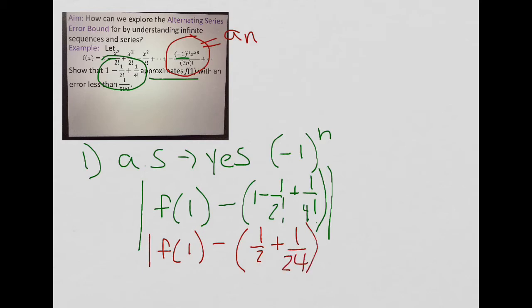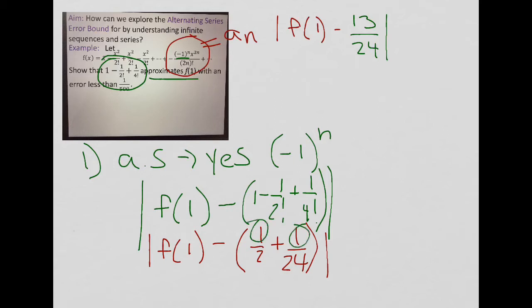Okay, so that's going to give us that f of 1, I'm sorry, it should be 13 over 24. I think in my mind I was adding 1 with 12.